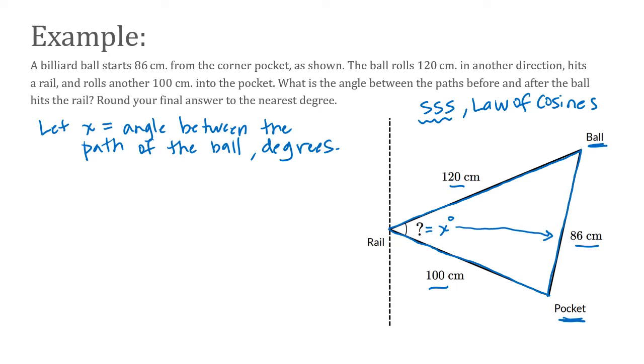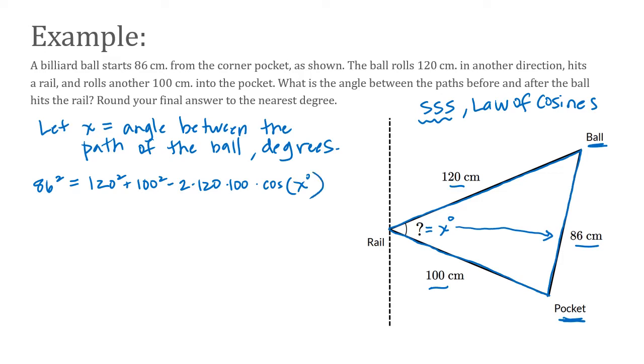I'm going to say that 86 to the second power is equal to 120 to the second power plus 100 to the second power minus 2 times 120 times 100 times the cosine of whatever x happens to be, and that's in degrees.